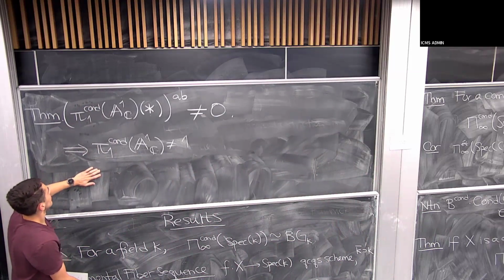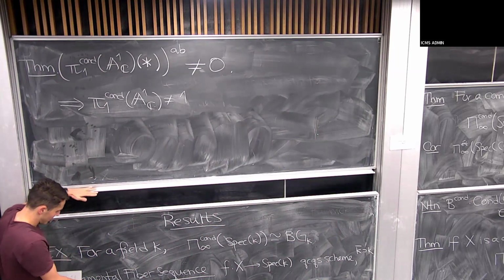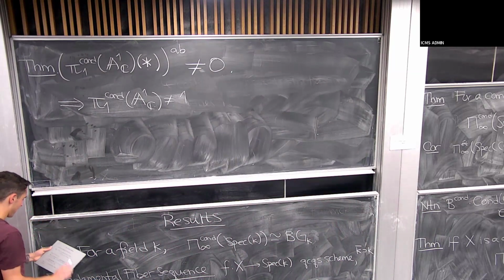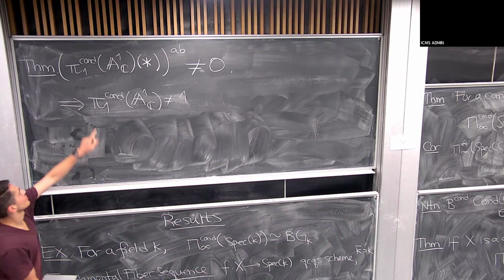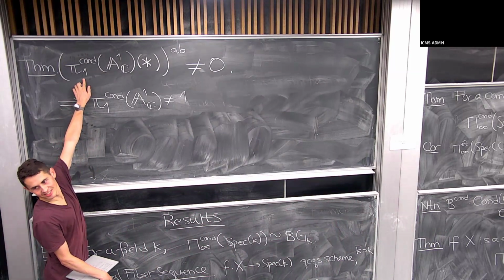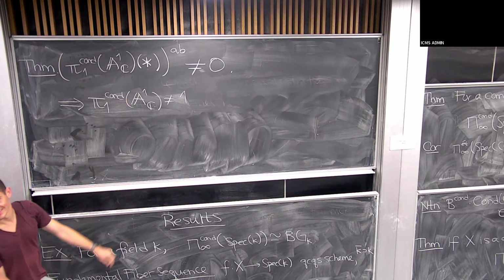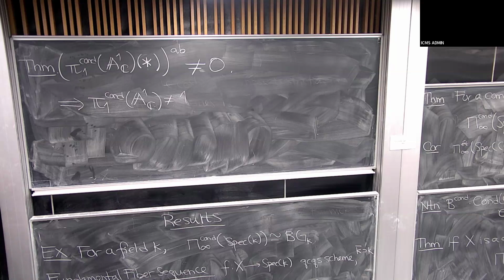So, okay, that seemed bad. Do you have a concrete example? Yeah, you can take the group ring on the abelianization of this. And okay, it's not that concrete. It would be nice to say, if you take complex numbers with the usual topology, but that's not how we did it.